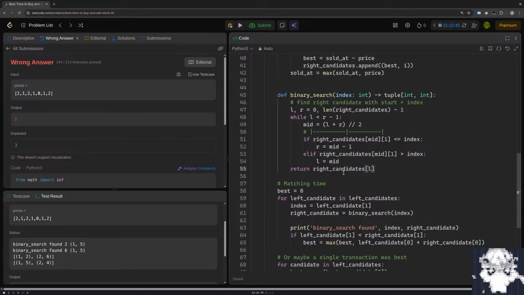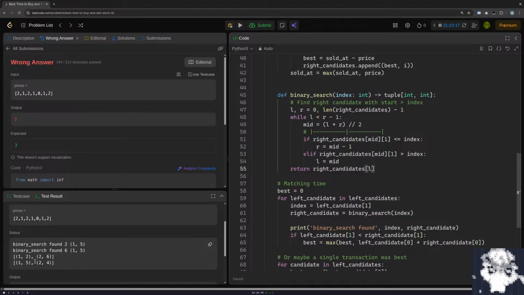Wait, maybe this binary search is not the right thing to do.